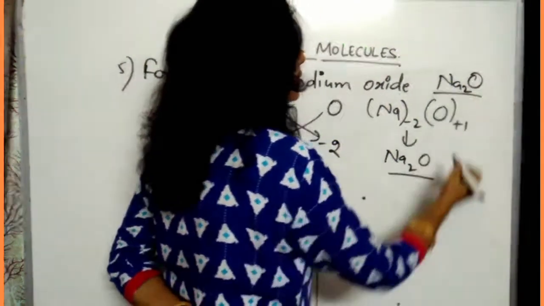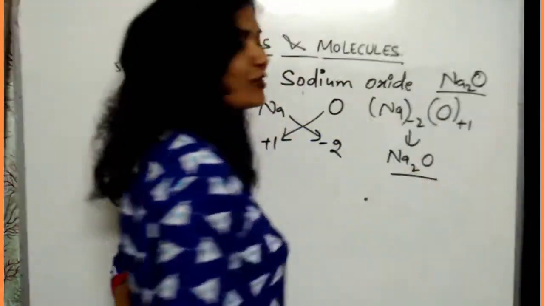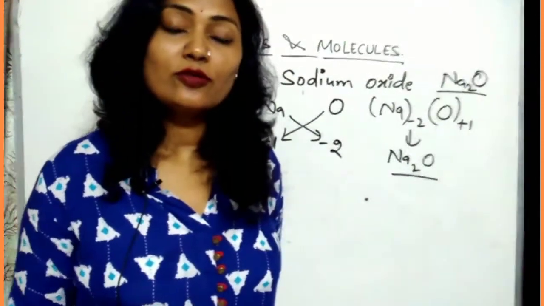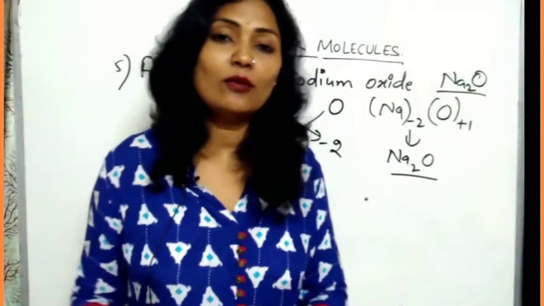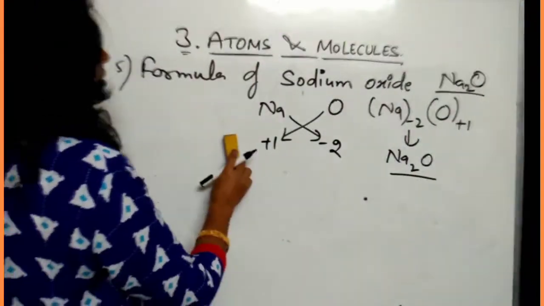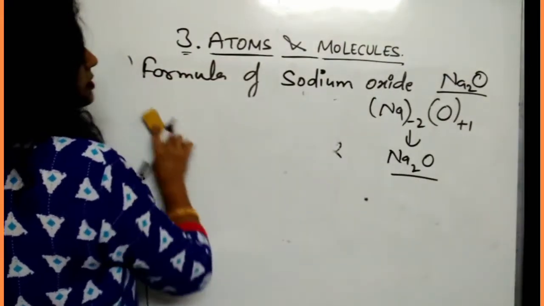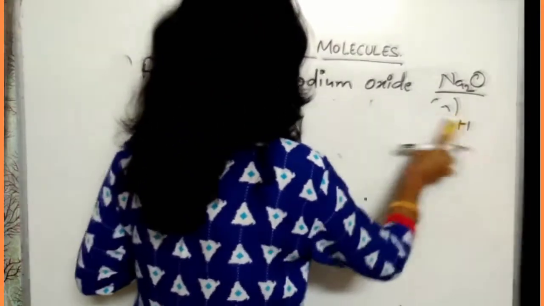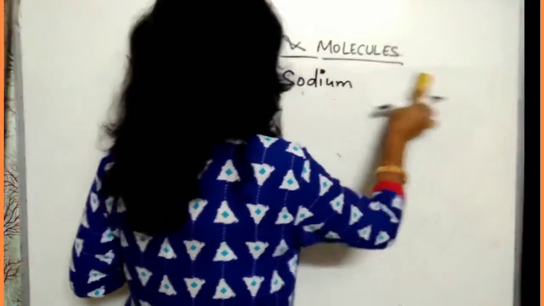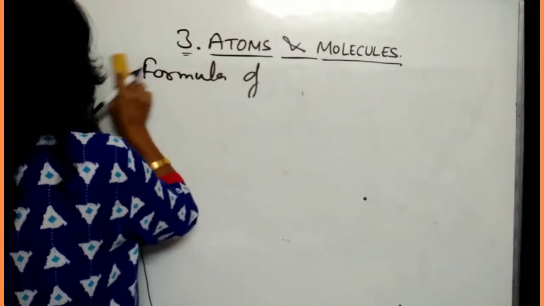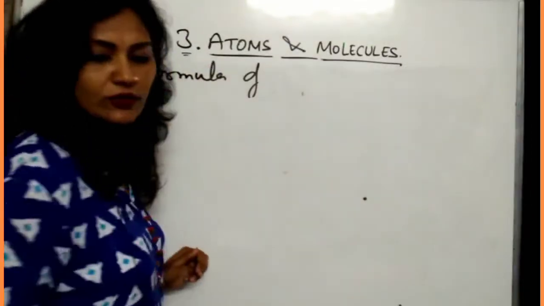This is the formula of sodium oxide. Like that you can make the formula of each and every compound. Then you can write the number of these formulas. I think 6 or 7 formulas we have done.